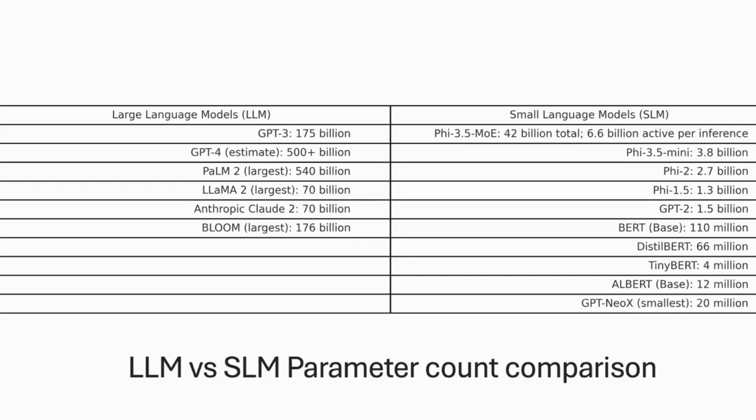There are different ways in which you can teach the small language models and fine-tune them. Regarding the parameter count, it all depends on how much data you are training these models on, how many tokens you're training that specific model on.